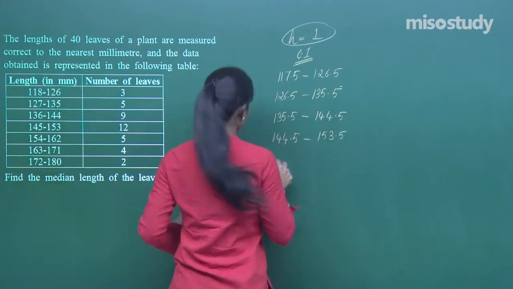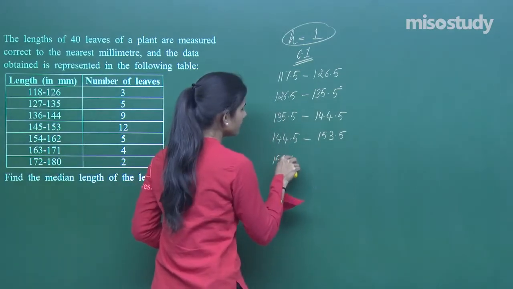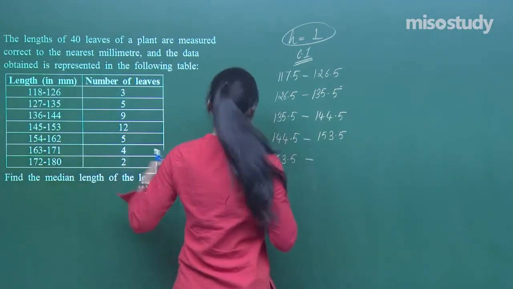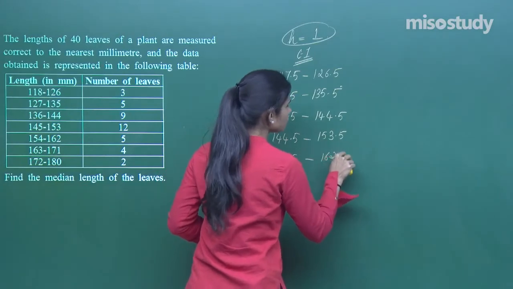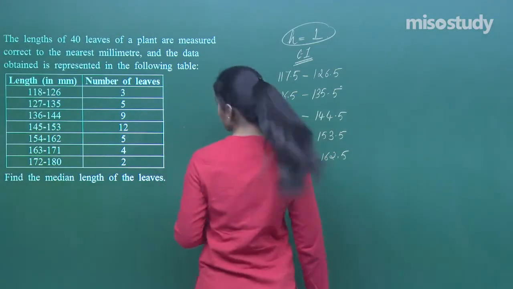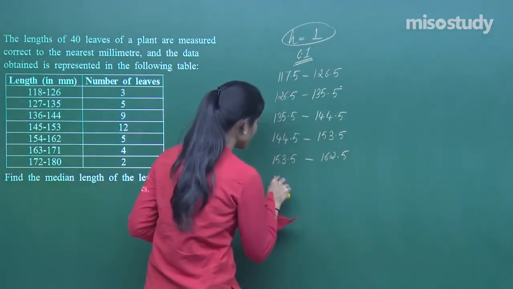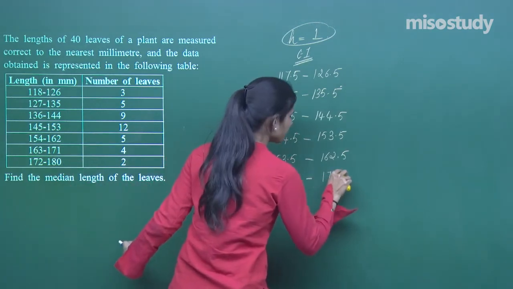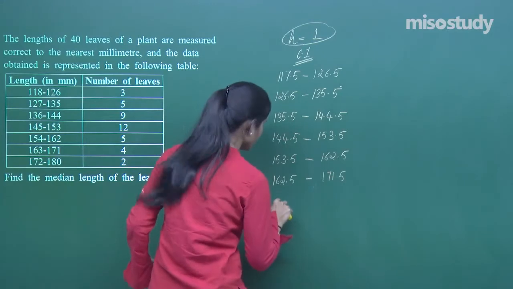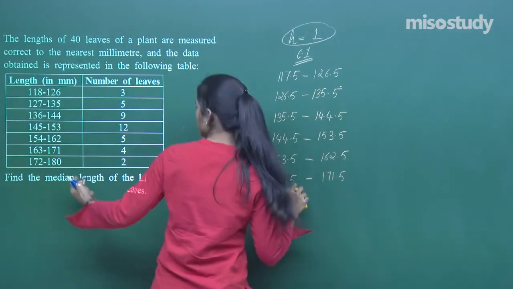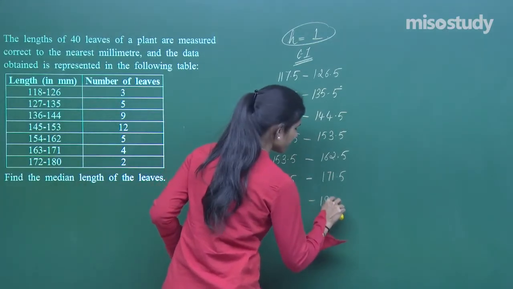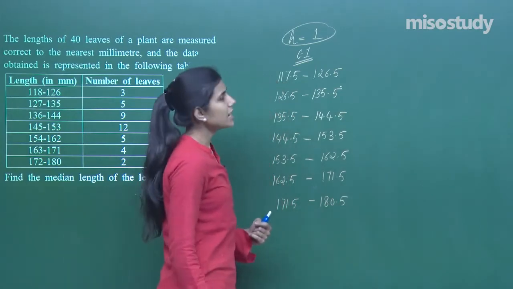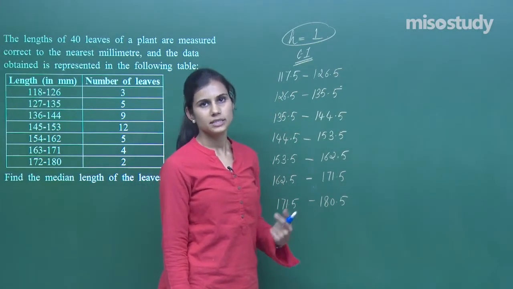Next is 154 minus half, so it is 153.5. Next it is 162 plus half, so it is 162.5. 163 minus half, again 162.5 to 171.5, 171.5 to 180.5. This is how you make discontinuous class intervals continuous.